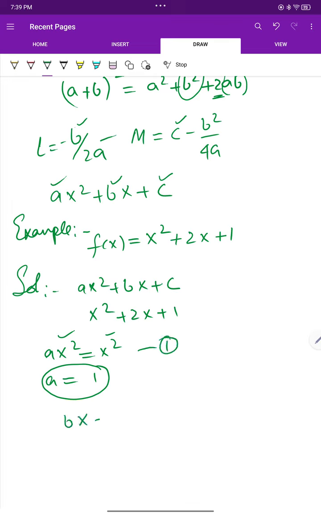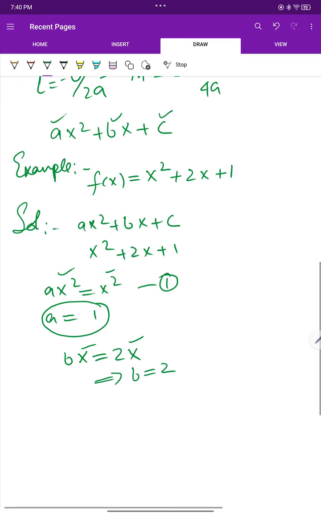For the second term, bx is equal to 2x. So x and x, which implies that b is equal to 2.